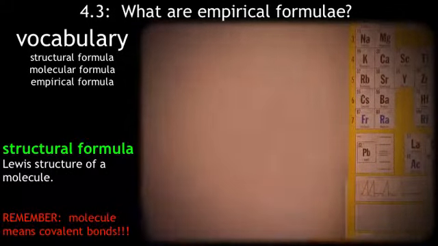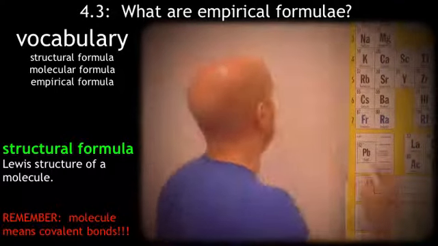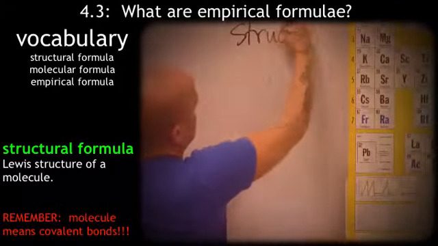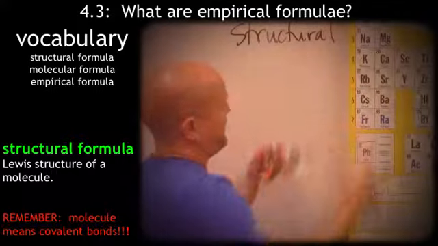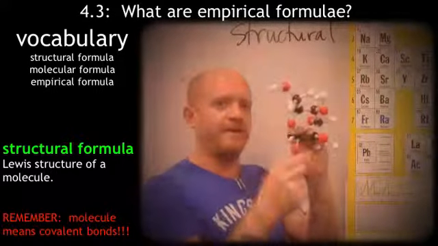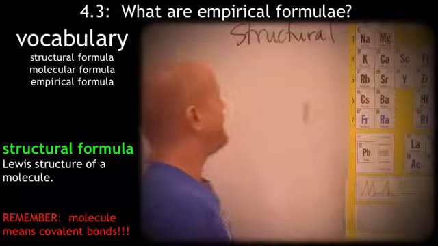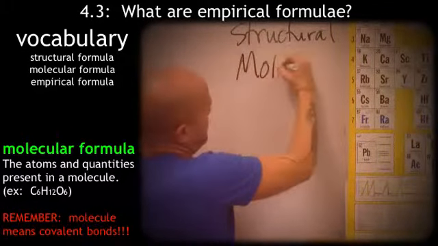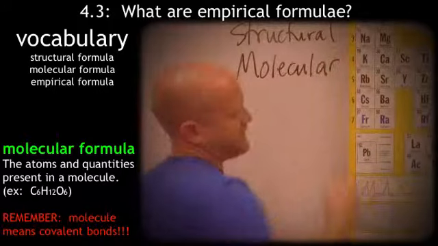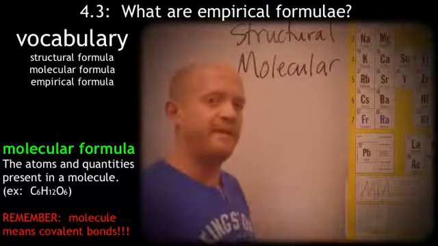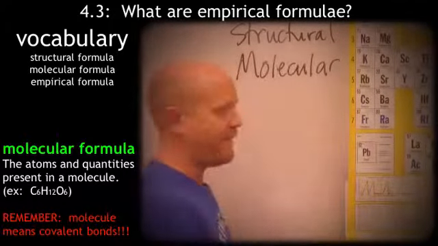Now the molecular formula is slightly different. So structural formula is one thing. That's the way that it looks, which atom every atom is bonded to. The molecular formula is something different. The molecular formula is what we use to calculate the gram formula mass.